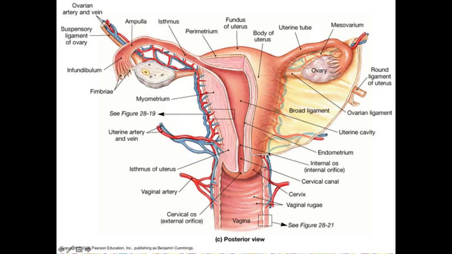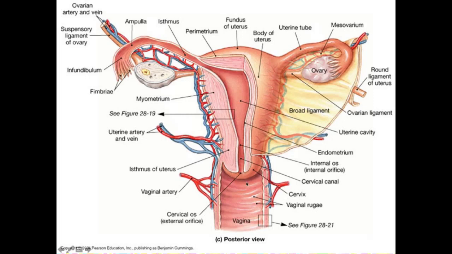So this is the supravaginal portion of the uterus. This is the vaginal portion, sometimes called the ectocervix. The cervical canal of the supravaginal portion is lined by one layer of columnar cells. In this epithelium, secretory cells prevail; there are nearly only secretory cells.